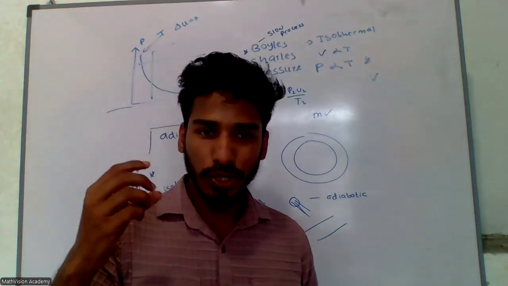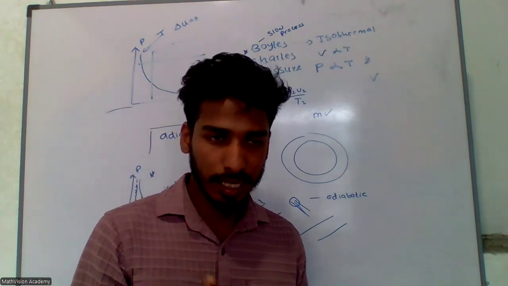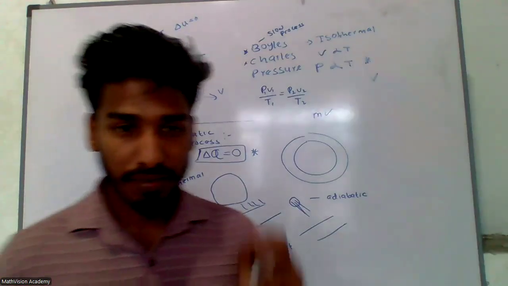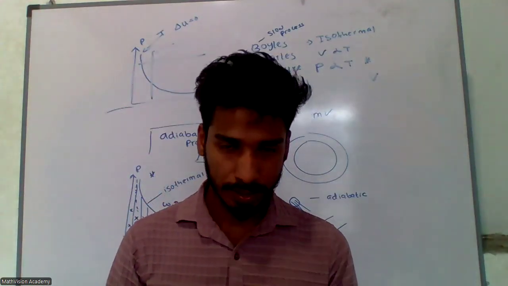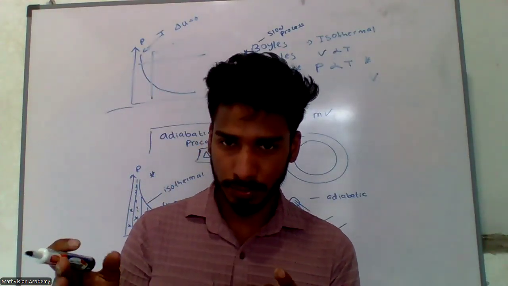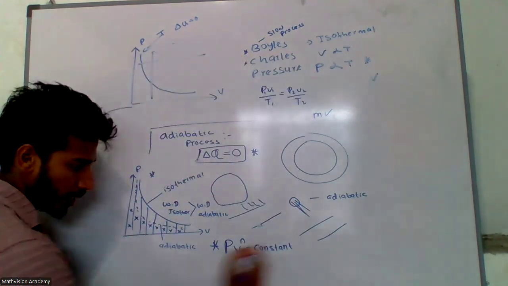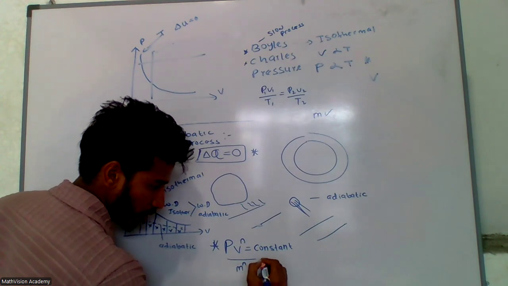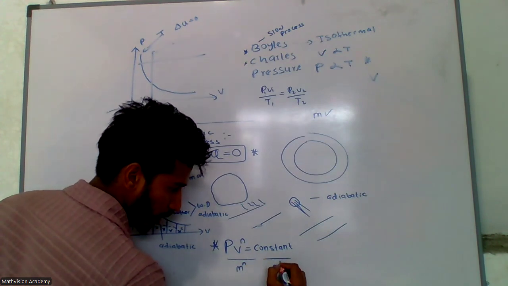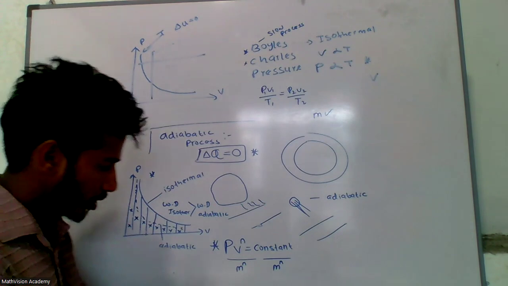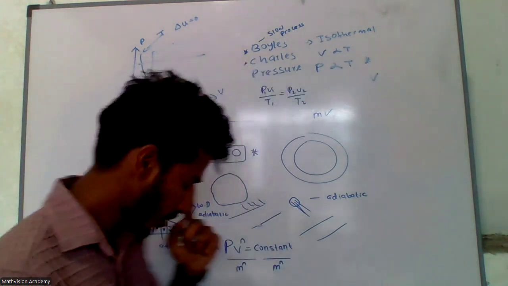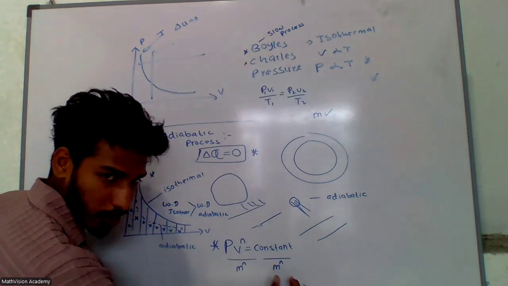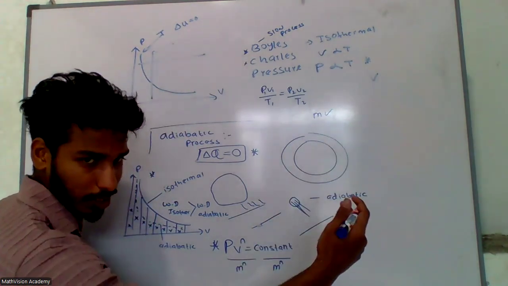So if they want to question something additional, they might question with the density, let's say. Now I said right, it's a fixed sample of an ideal gas. The mass is not changing. So if I divide the entire thing by m to the power n, the mass is a constant. So constant divided by another constant will also give you another constant.